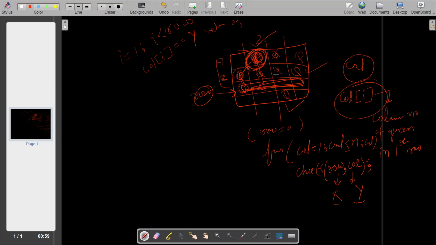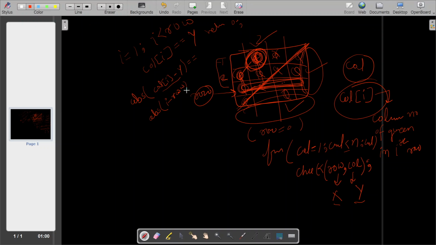What are the other cases? Suppose we have placed a queen here. Can we place a queen here? No, because it will attack. So what is the condition for a diagonal attack? The absolute difference between the rows and the absolute difference between the columns will be the same. The absolute difference of the column numbers, col of i and the current column, and the difference of rows, which is i minus row.